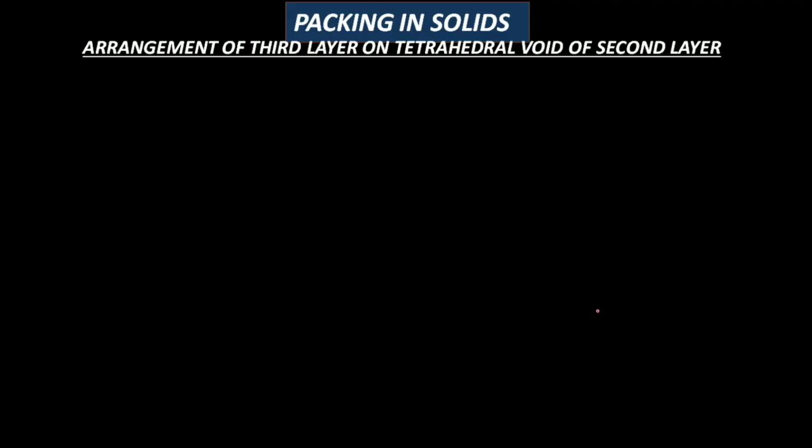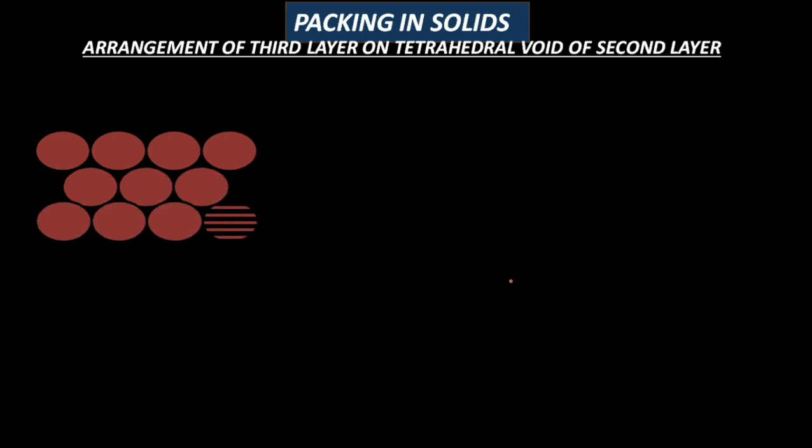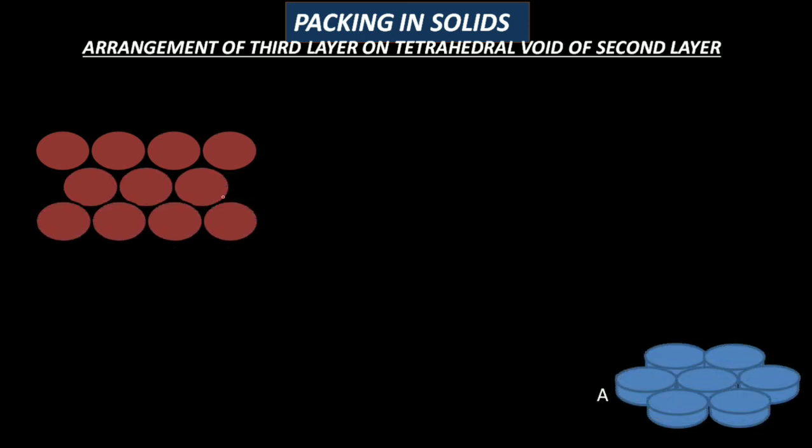Now we will see another type of explanation for the three-dimensional arrangement. Here you can understand very clearly. This is the first layer. Correct? Tetrahedral voids are present. Second layer, when I keep it on the first layer like this, tetrahedral voids like this, right? This is the AB arrangement.